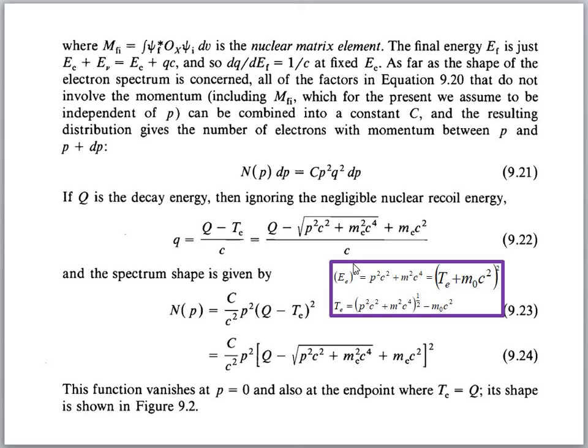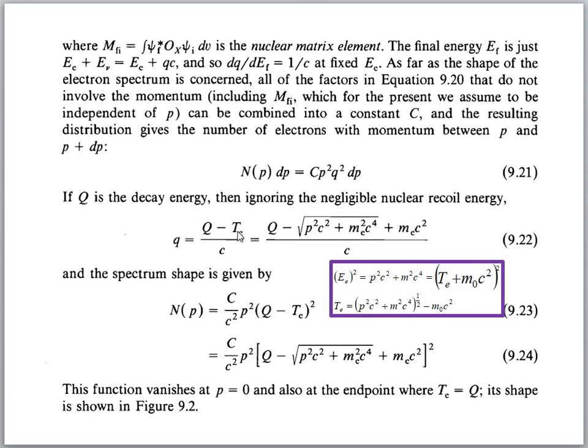This is the relativistic expression for the energy of the electron, E being the energy: E² = p²c² + m²c⁴. This energy is equal to kinetic energy plus rest mass energy, the whole squared, that is (Te + m0c²)². From this expression, Te is equal to the square root of p²c² + m²c⁴ minus m0c².